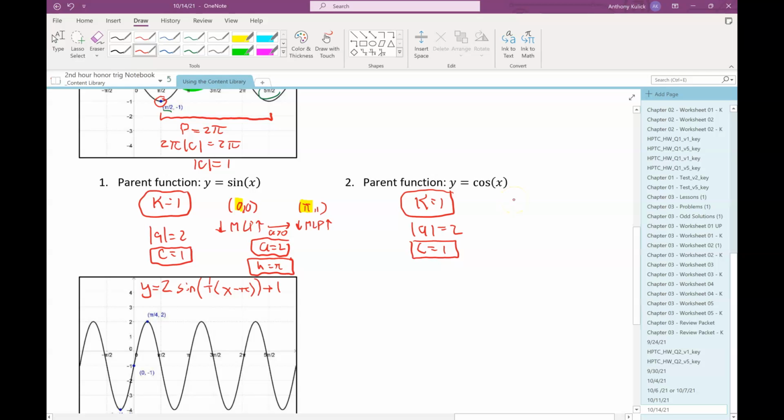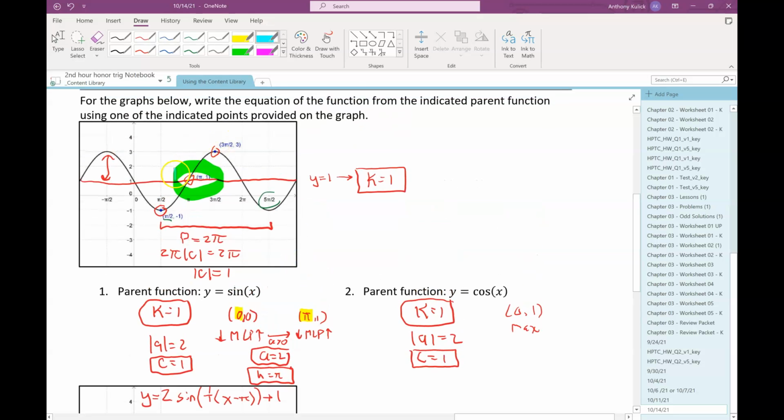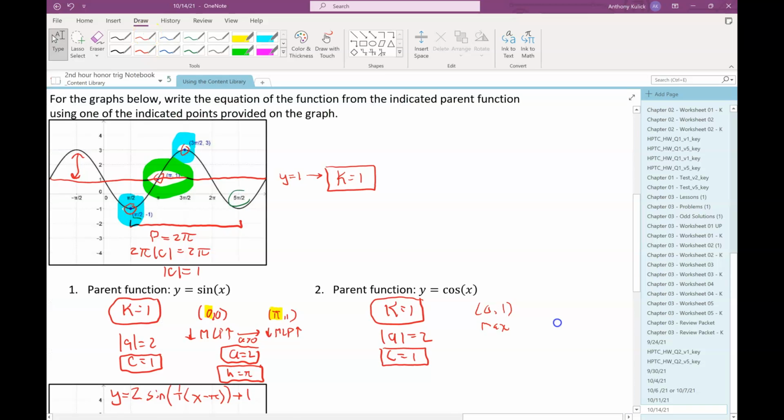Anyways, the next one is if we want to do this as a cosine. So here, I'm going to be using the 0, 1 for my parent function. So I'm going to have to pick either the minimum or the maximum that's given to me. It doesn't matter which one. For the sake of argument, let's say we picked that minimum because it was the first one listed.